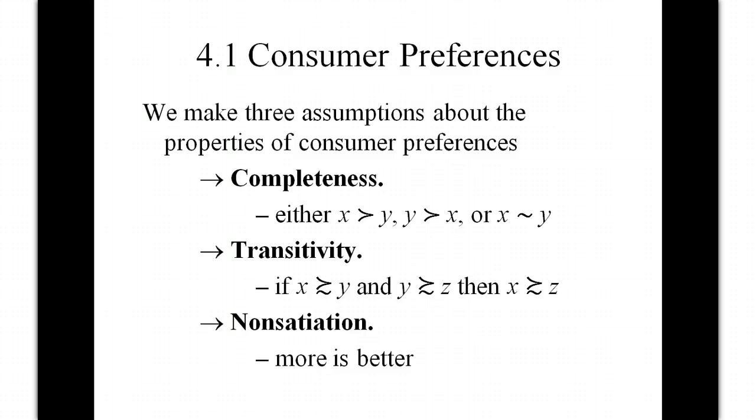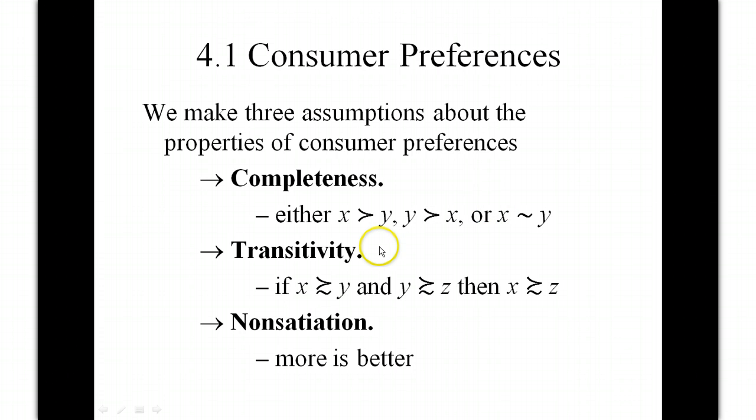That is, everything can be ranked. The consumer is able to make a choice between everything: whether good X is preferred to good Y, whether good Y is preferred to good X, or whether the individual is indifferent between them. So X preferred to Y, Y preferred to X, or indifferent. The individual can actually go about making that ranking.